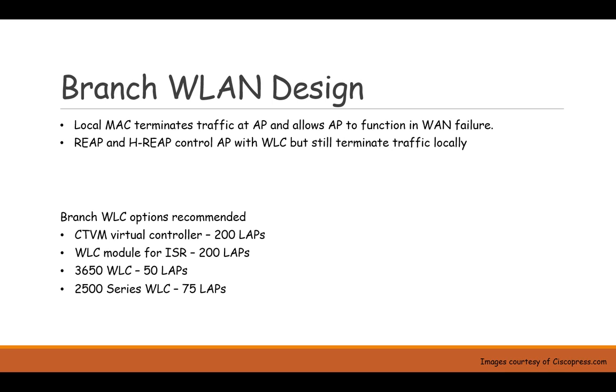This can allow for wireless networks to remain operational in the event of a WAN link failure. Below, we have some of the wireless controller options that Cisco recommends for the branch office. I'd be familiar with these and the number of access points supported by each.